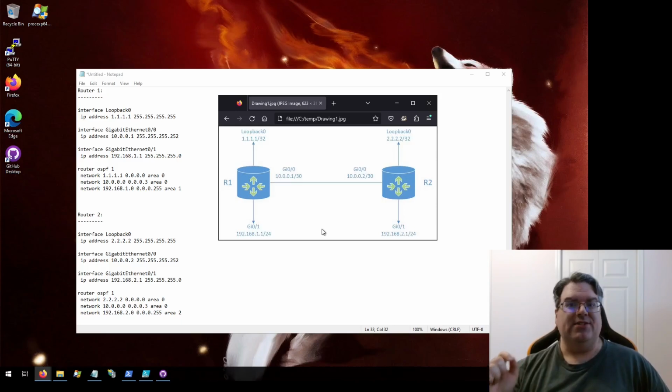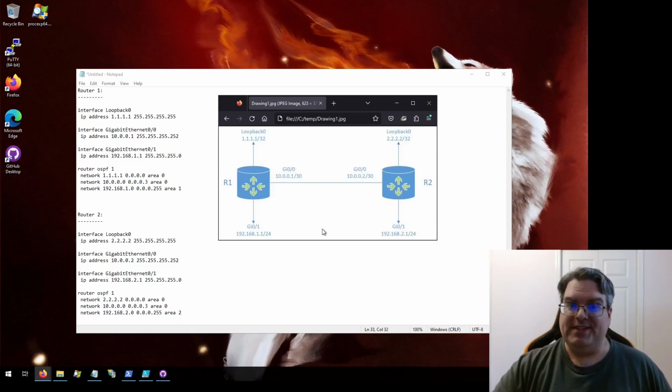OSPF does not technically depend on IP addresses, especially because there's technologies you can use that use things like IP unnumbered. If it's unnumbered, it's just a point-to-point link, and you just throw whatever you want on the line because there's only one device that can receive it on the other side.